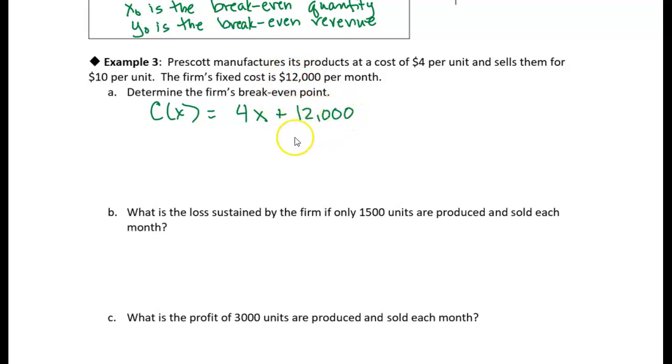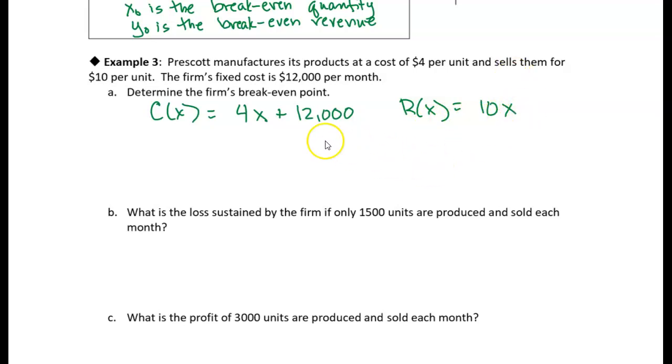If we add those together, we get their total costs: the variable cost and the fixed cost. And then we have the revenue. The revenue depends on how many units they produce, and they're going to sell them at $10 per unit. So the revenue will be 10 times the number of units they sell.